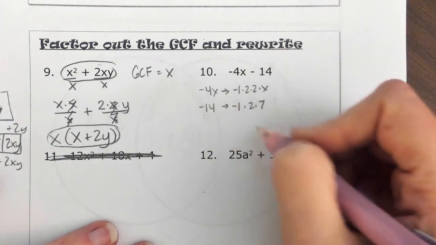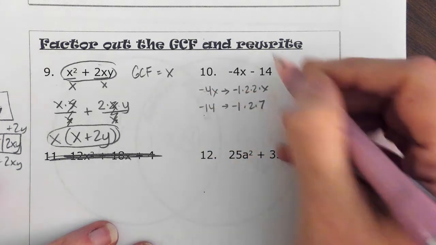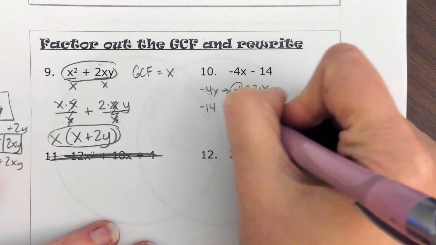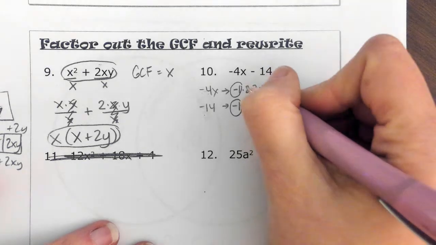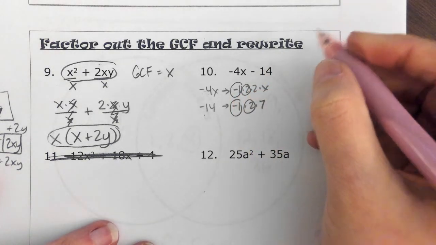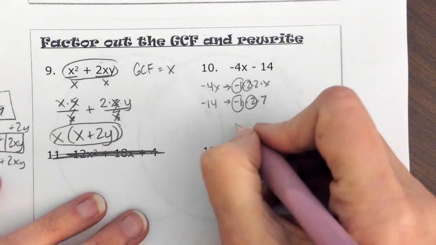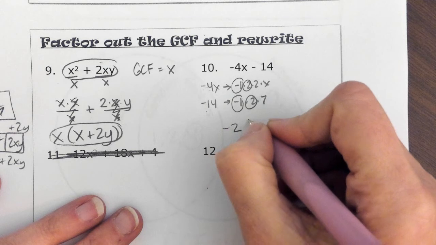All I'm doing is factoring it. I know that 4 is 2 times 2, but since it's negative, -1 is also a factor. So they both have a -1 in common. They both have a 2 in common, but nothing else. So my GCF is -2.